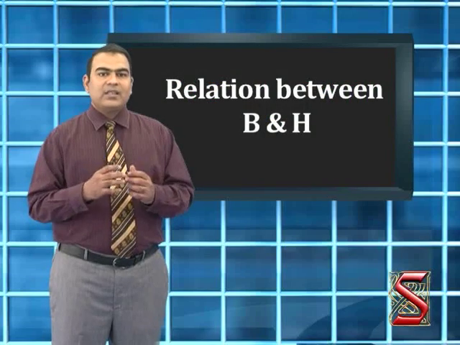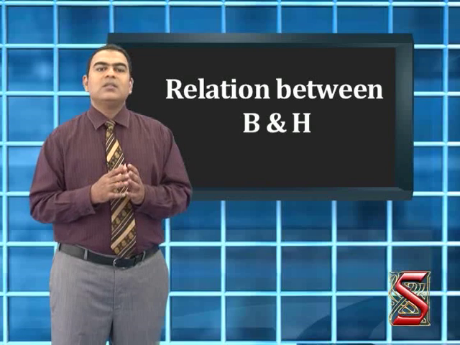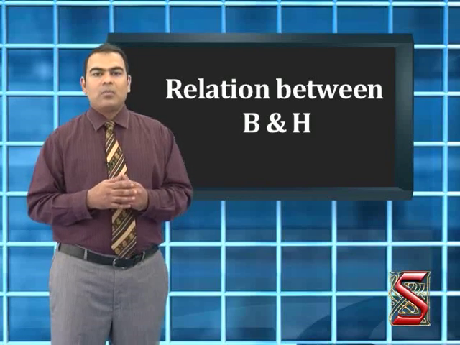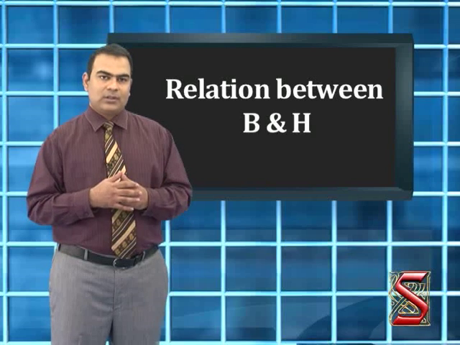Thus, conceptually, both H and B are the same. Both H and B represent a magnetic field at a point. But there are certain important differences that we will now look into. In the SI system of units, consistency among the units of different physical quantities is brought about by introducing suitable constants.